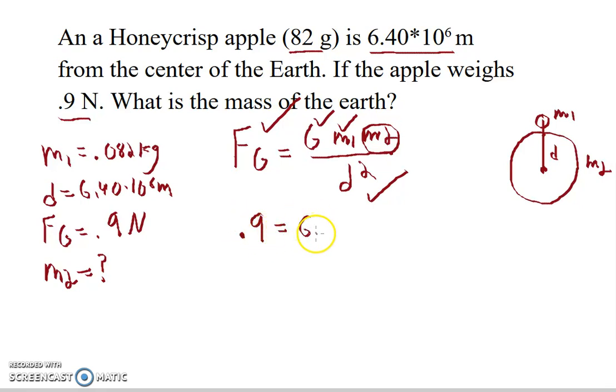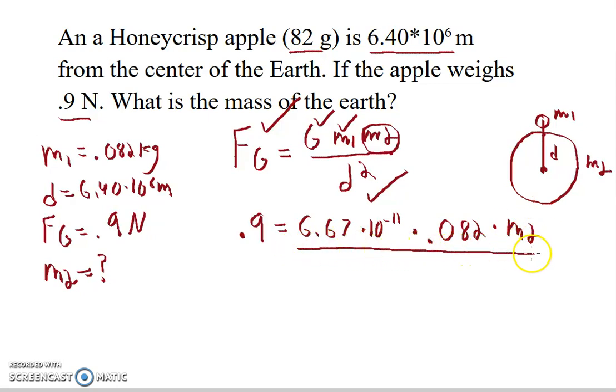We have G, 6.67 times 10 to the negative 11, times M1, 0.082 kilograms, times M2, and then divided by the distance squared, 6.40 times 10 to the 6 squared. So we just got to undo the algebra.